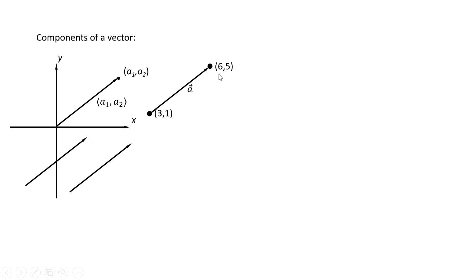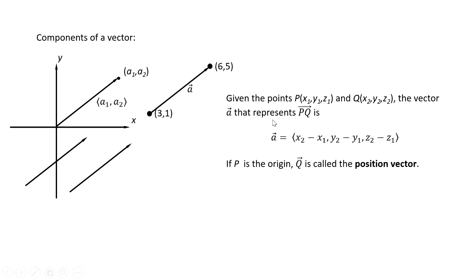For instance, let's say the tail is at 3, 1 and the head is at 6, 5. Can we figure out the components of this? That's the beauty of this one. Given points, even though I'm showing you two-dimensional things, we can extend this to three-dimensional points.